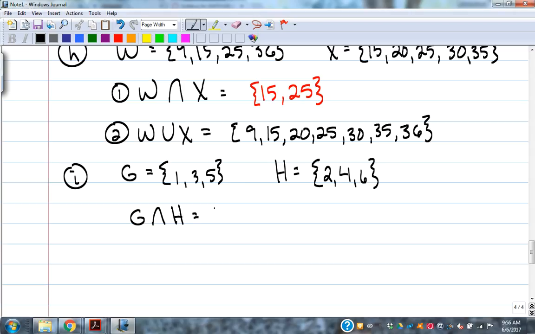So the answer would be nothing. And in sets, what set is nothing? Yeah, the 0 with the line through it. Or if you wrote just an empty set of braces, that would also be okay. The empty set is the intersection of those two because there's nothing that's in both of them. So that's kind of one of the exceptional things that happens, and you just got to know what to do with it. So that's a handy thing.